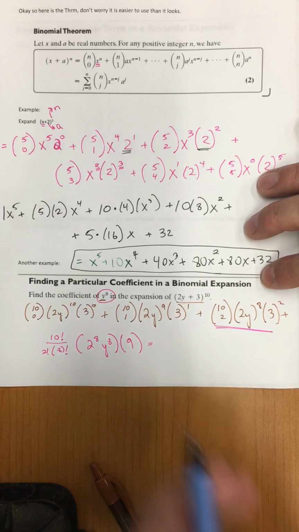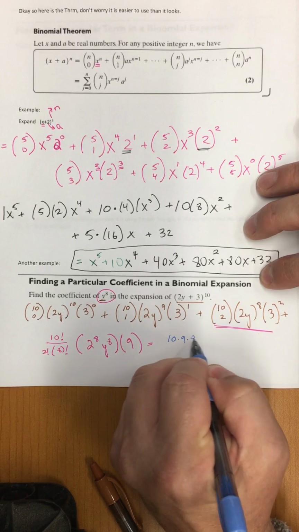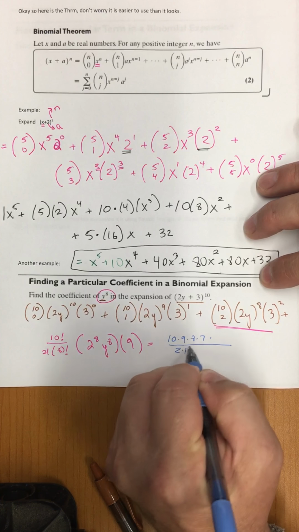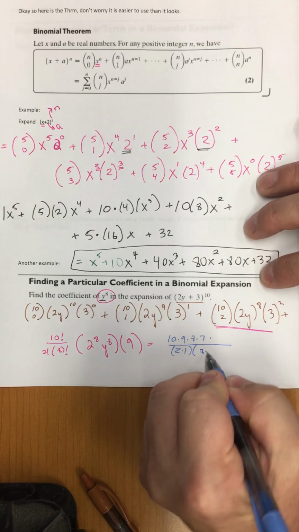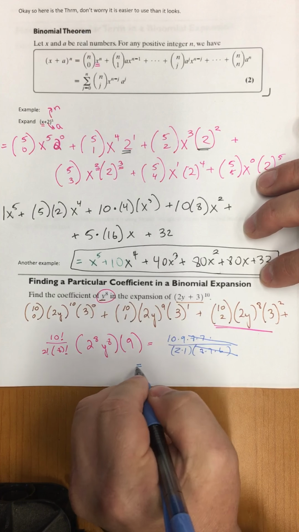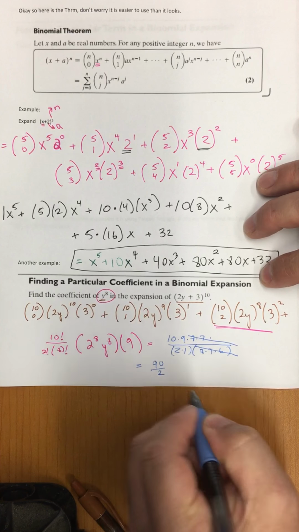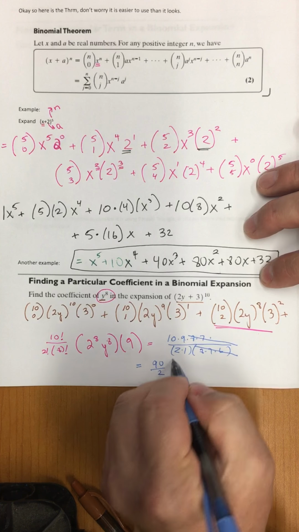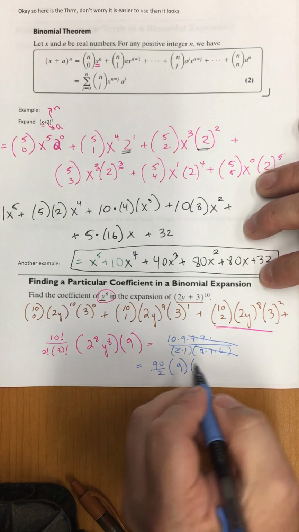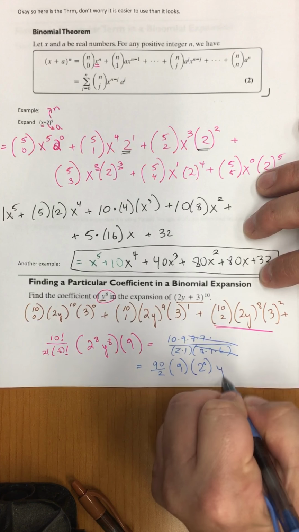Let's see, 10 factorial is 10 times 9 times 8 times 7 times blah, blah, blah. 2 factorial is 2 times 1. 8 factorial is 8 times 7 times 6. Hopefully you're cool that all of this cancels out. So I get 90 over 2, right? 10 times 9 is 90. Times 9 times 2 to the 8th, y to the 8th.